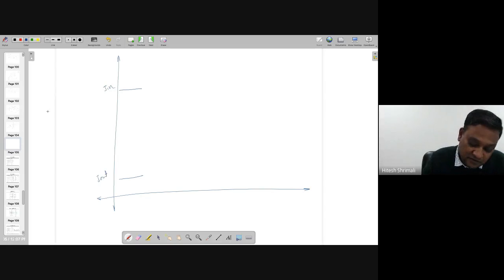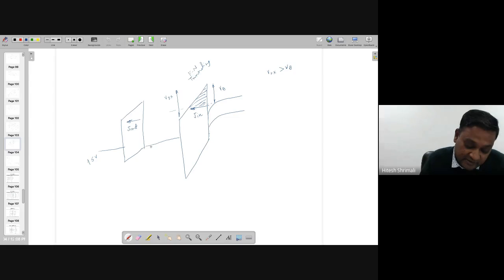So this is time t equal to 0, and this is current density with respect to the time. But when you go to time t equal to 1, t1, what is going to happen?